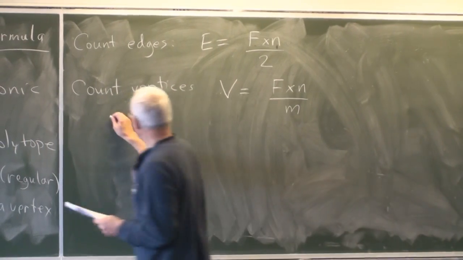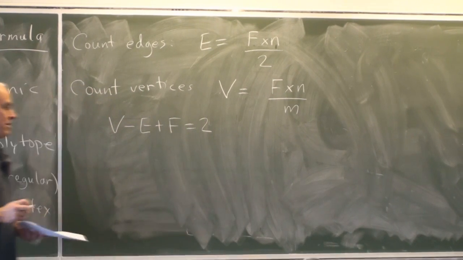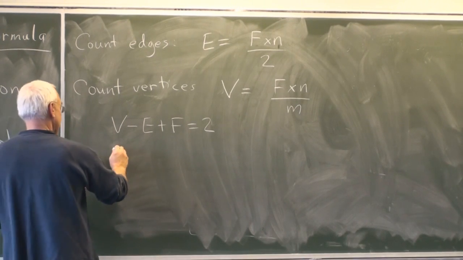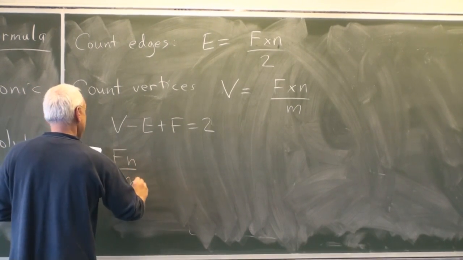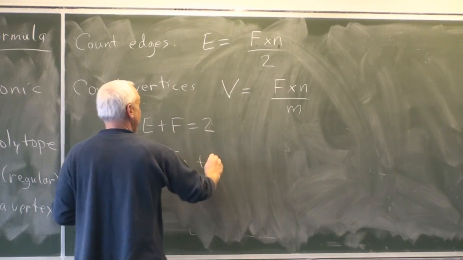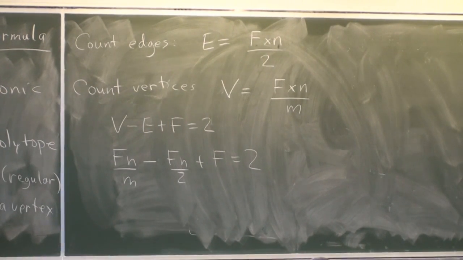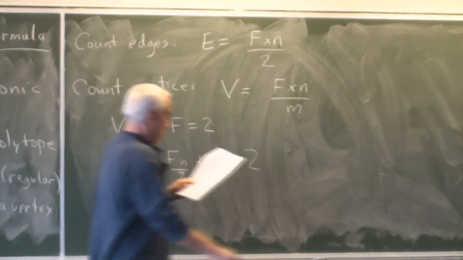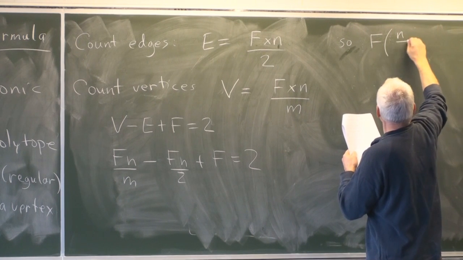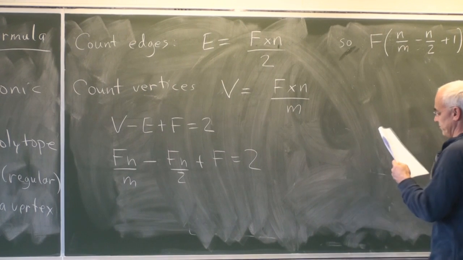Okay, so now we can introduce Euler's celebrated formula, v minus e plus f equals 2. And we're just going to plug these values in. So we get f times n over m, that's the number of v, minus f times n over 2, plus, well, f equals 2. And so f times (n over m minus n over 2 plus 1) equals 2.